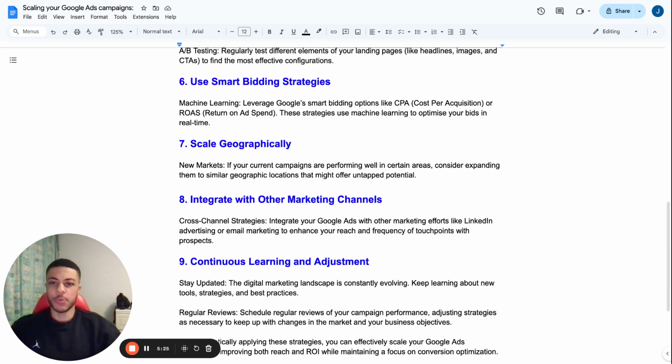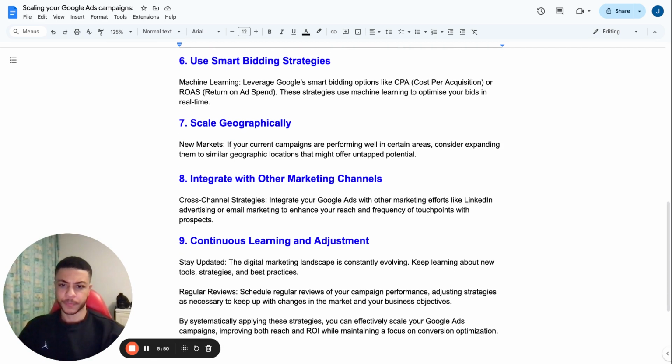So the next thing is you might want to scale geographically. You want to go into new markets, especially if you're an e-commerce brand and you ship worldwide and you're only advertising, say, in the UK or the US. You may want to market wider so you can get a bigger share of a new market. If your current campaigns are performing well in certain areas, consider expanding them to similar geographic locations that might offer untapped potential.